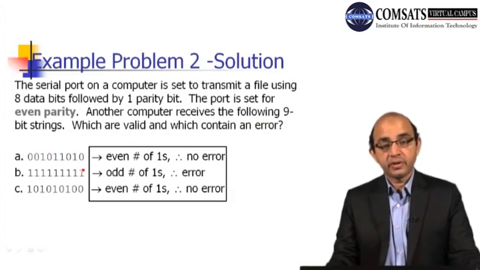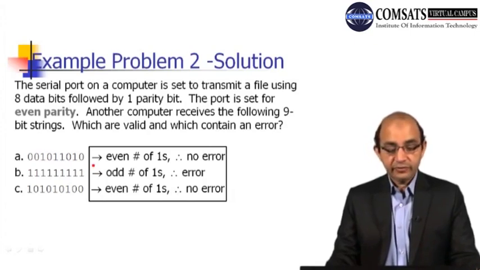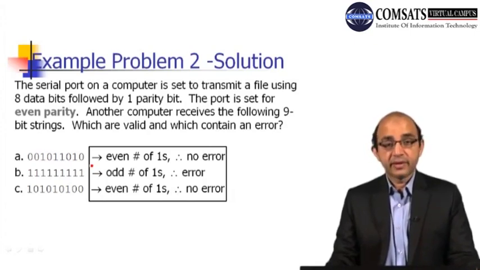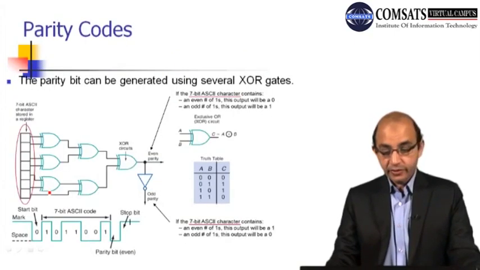The sender and receiver, which are actually computers, have to find out which data is correct and which data contains some error. So here, even number of ones, no error. Here you can see an odd number of ones, so error: 2, 3, 4, 5, 6, 7, 8, 9. And here again, the number of ones is even, so no error.